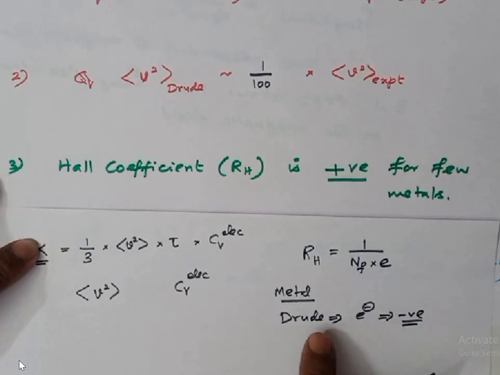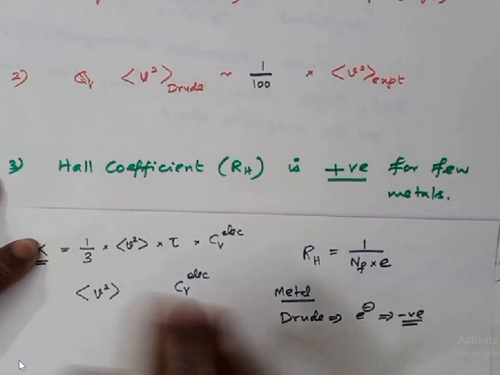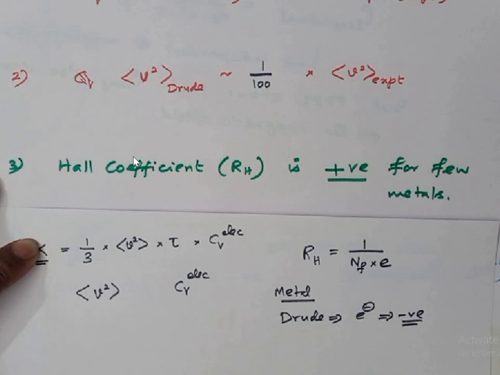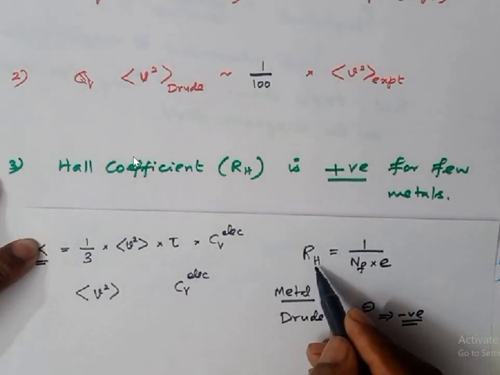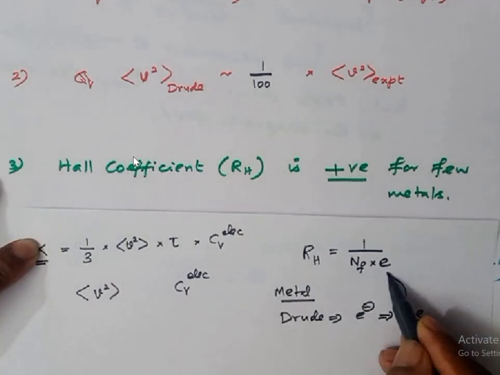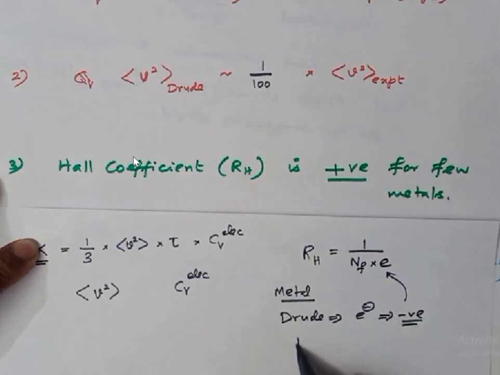If the Drude prediction is correct, then for all metals, since the charge is negative, the Hall coefficient should come out as negative.